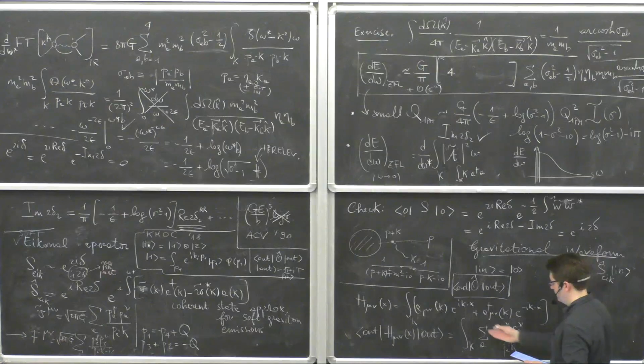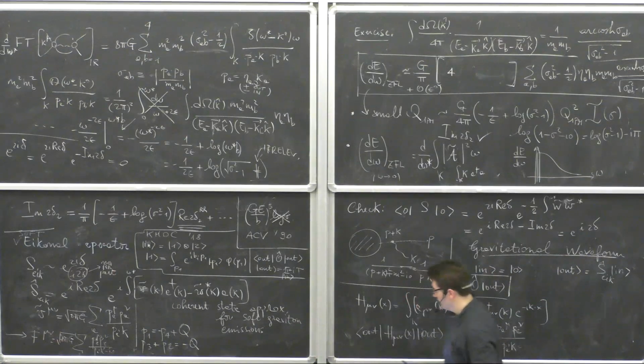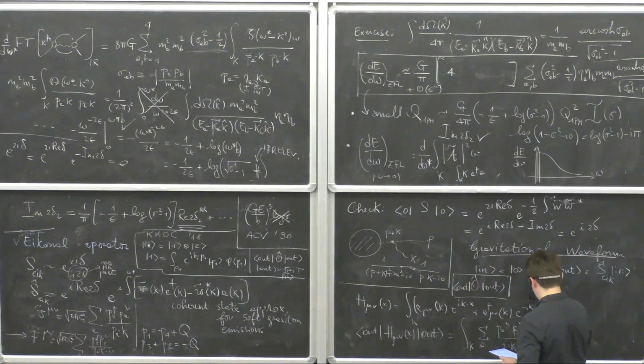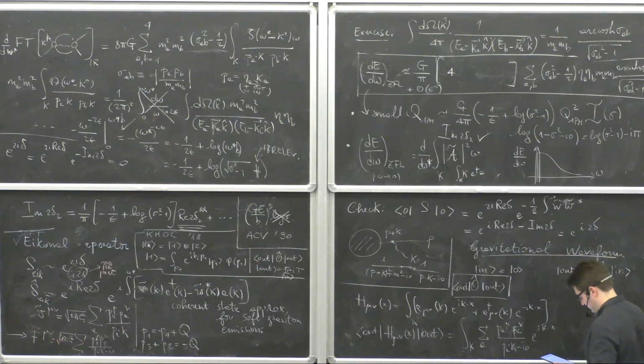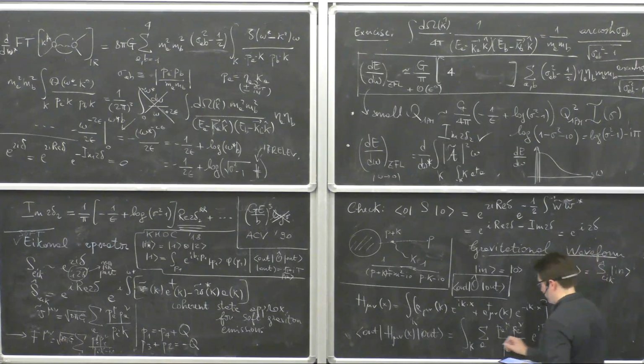So this is pulling down the coefficient of the guy over there, e to the i k dot x, and then minus i0, plus the complex conjugate, right?